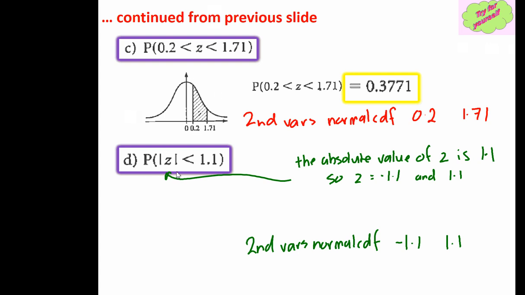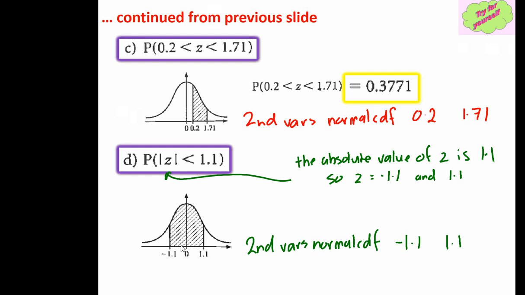Find the probability that the absolute value of Z is less than 1.1. What on earth does that mean? So what it means is absolute value of Z, meaning that from negative 1.1 to positive 1.1. It's because absolute value means Z could have been negative 1.1 to positive 1.1 is less than 1.1.